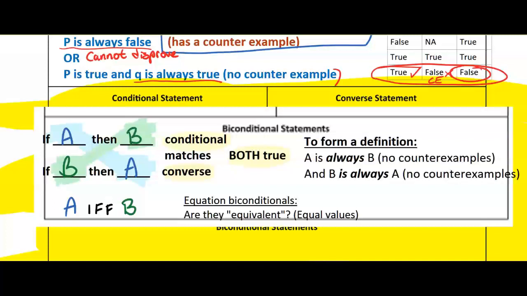A rectangle. A rhombus. There's a lot of things that could have 4 sides and not be a square. So that would be a bad definition. Okay? Because what we want, what a biconditional is, is 2 things that are perfectly and completely equivalent. The 2 sides are perfectly equivalent. Okay?